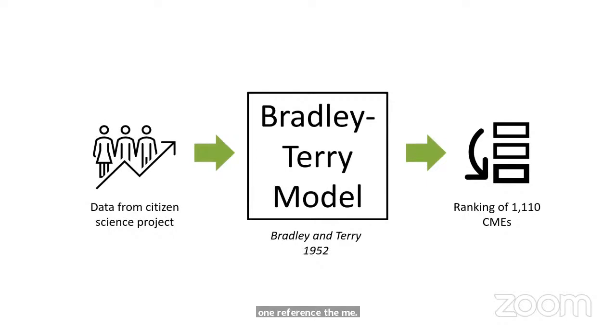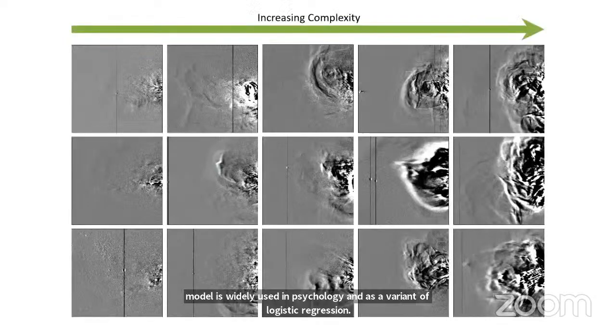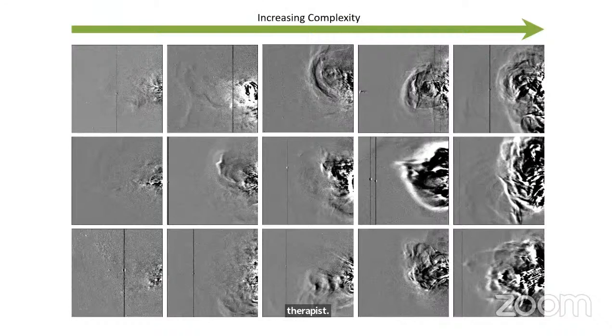This model is widely used in psychology and is a variant of logistic regression. Here are a selection of CMEs from the ranking. The 3 CMEs in the leftmost column are not complex at all, and the 3 CMEs in the rightmost column are very complex. This clearly shows that CME characteristics change throughout the ranking.